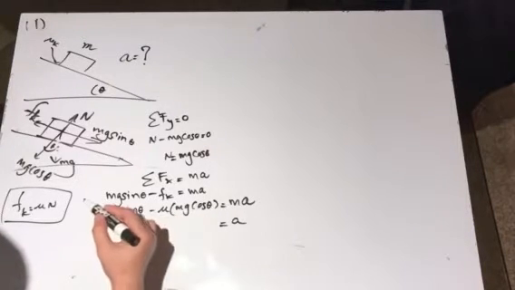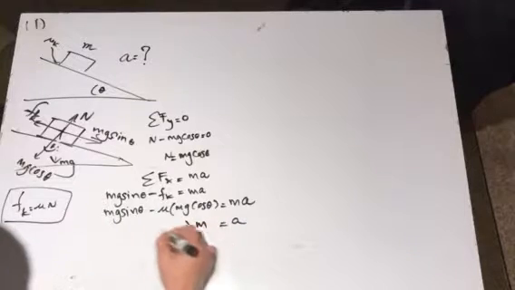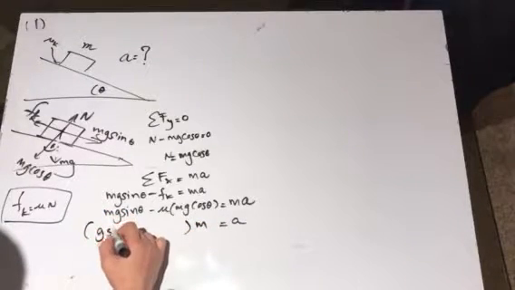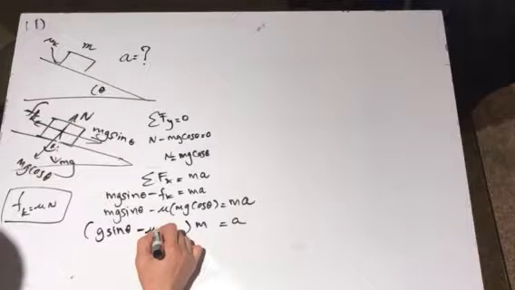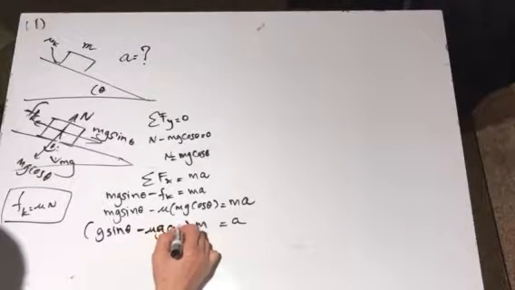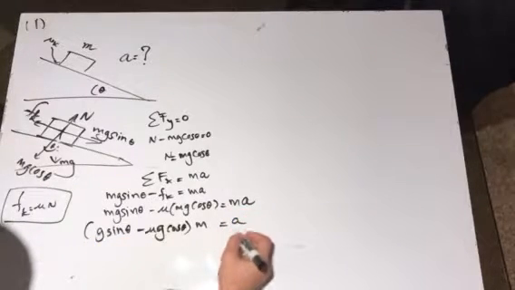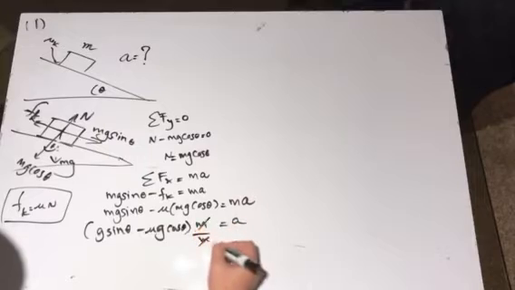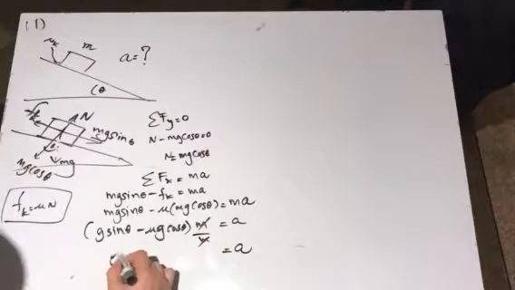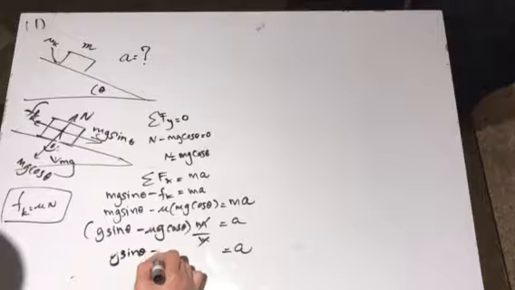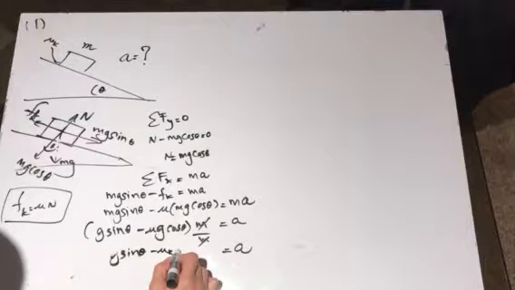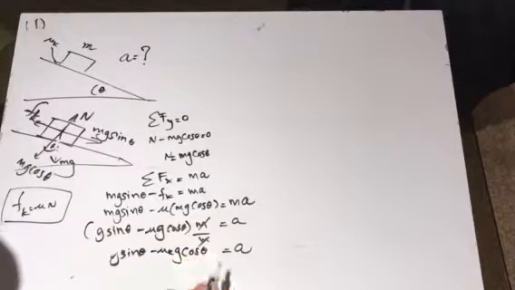I put everything else, the only thing I have in common here is m, so I put m outside. g sine theta minus mu g cosine theta, okay? Then I divide both sides by m, so my acceleration is equal to g sine theta minus mu k g cosine theta. So when you're looking at the answer key, you should be able to notice which one is your answer.